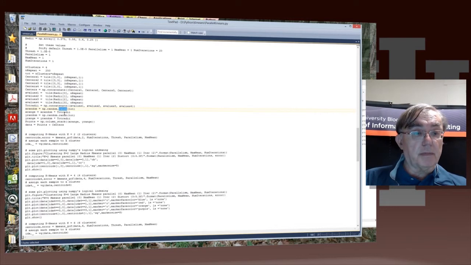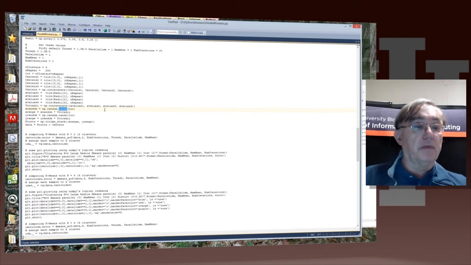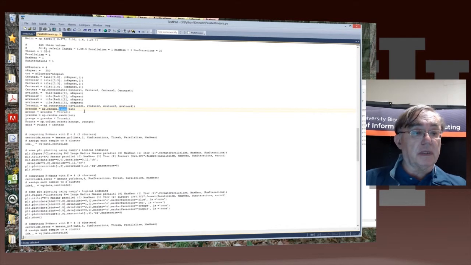We take these numbers and multiply them by the radii we want. These points are generated with mean of 0 and standard deviation 1, so they're actually positive and negative. We multiply by their radii and add them to the centers, and that gives us the data. So generating these 4 clusters is just this code here, which is particularly easy to do.